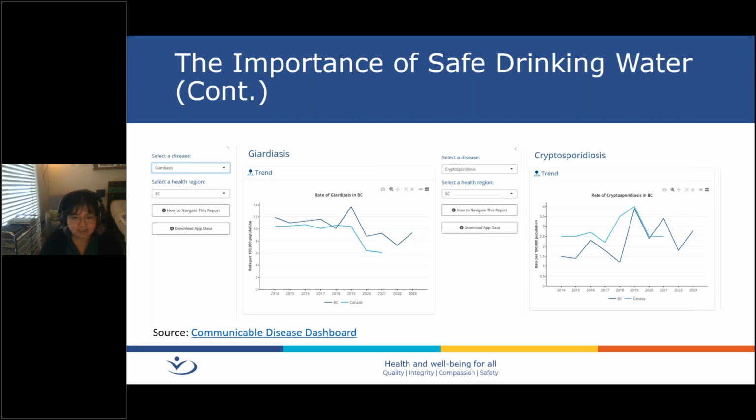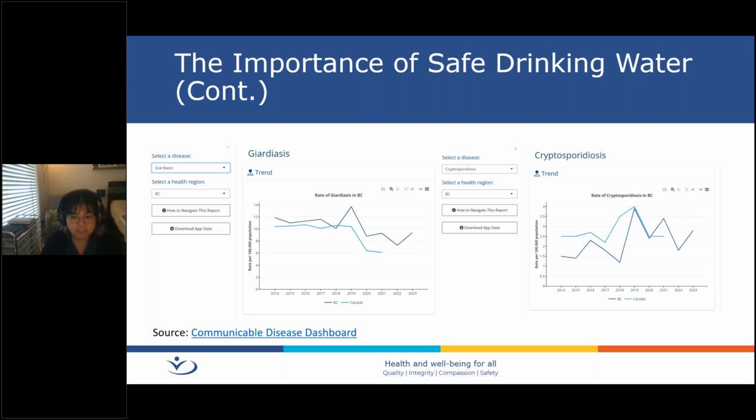So you can see in these charts that the annual rates for both giardiasis and cryptosporidiosis, in BC, represented by the darker blue line, and in Canada, the lighter blue line, are on a downward trend. However, in 2019, you'll see there's a spike. According to BCCDC, that is likely due to a change in laboratory testing practices.